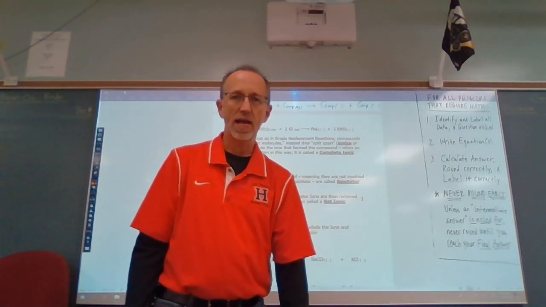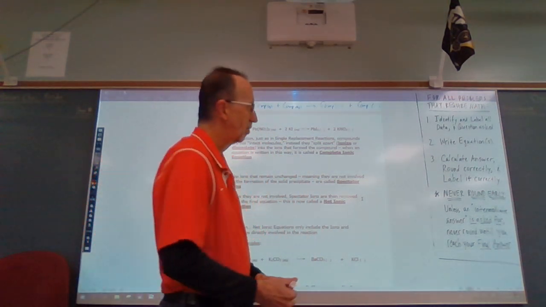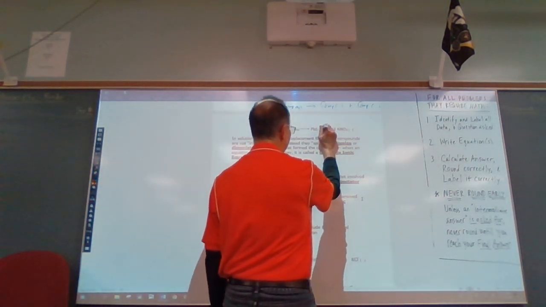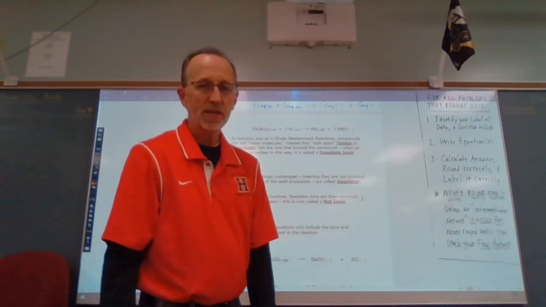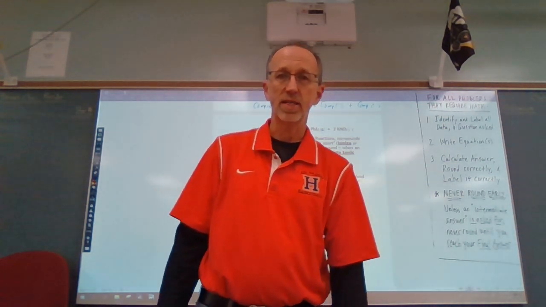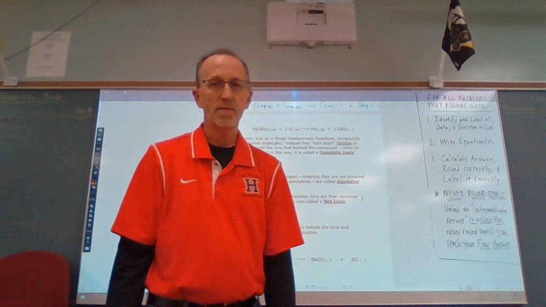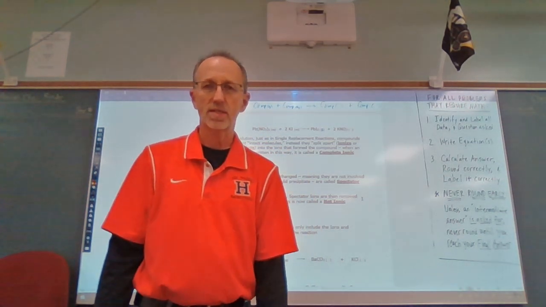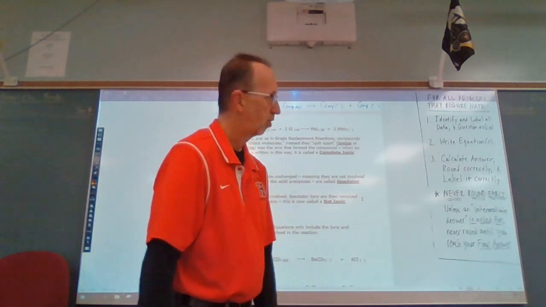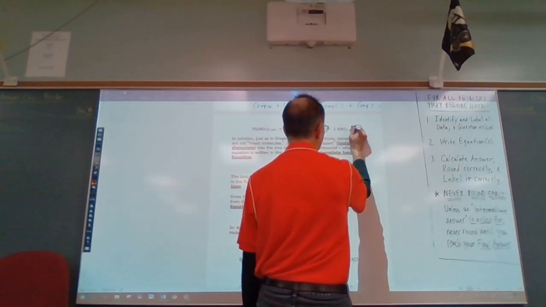So lead 2 iodide is insoluble, meaning it is a solid. Potassium nitrate, on the other hand, is most definitely soluble. Potassium's group 1A, they're always soluble. Nitrate is always soluble. So this is soluble.